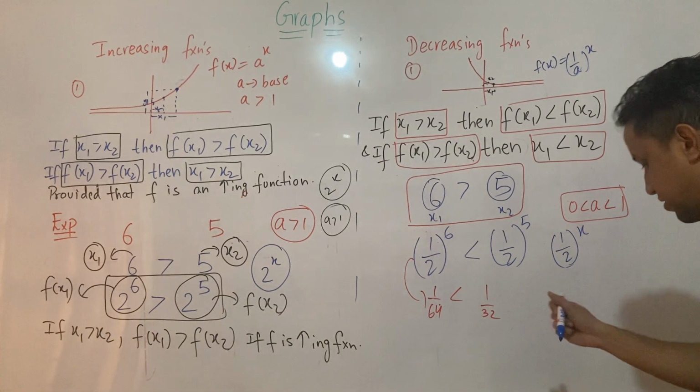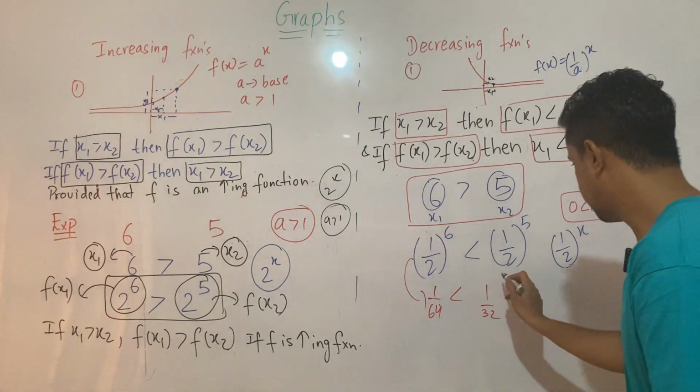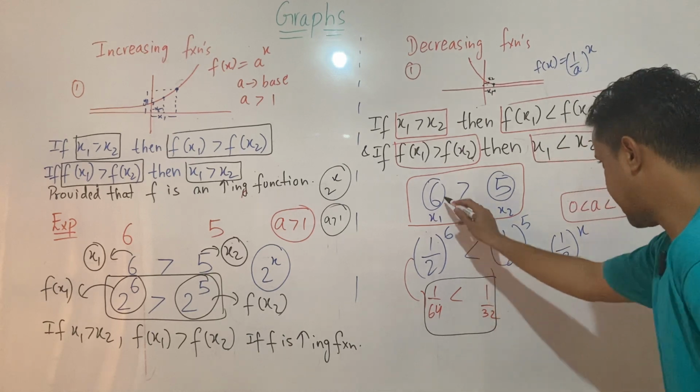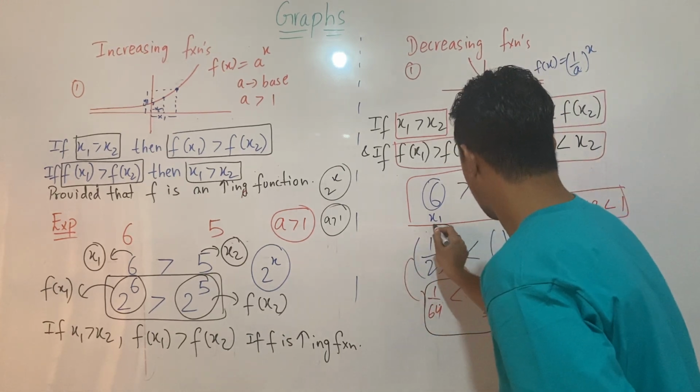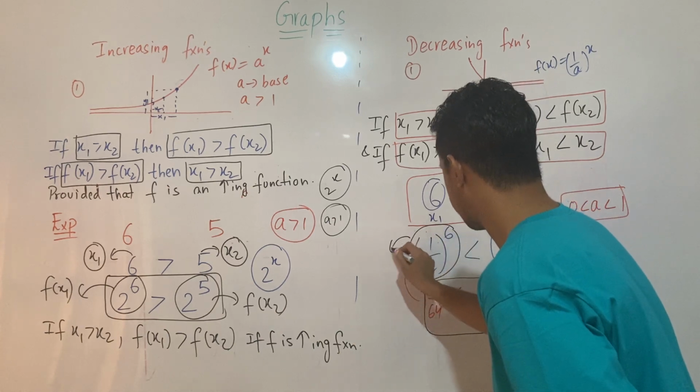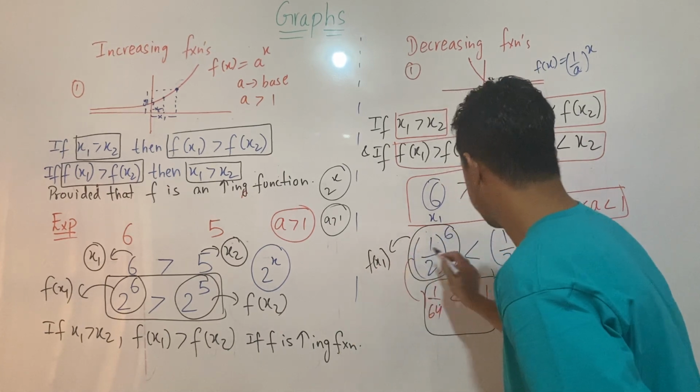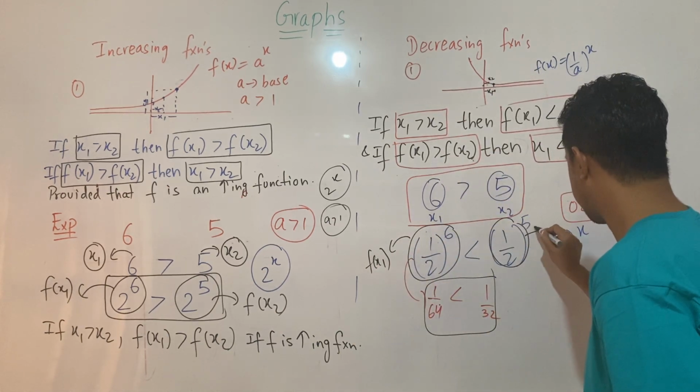It means that this whole thing is f of x1, and this whole thing is f of x2.